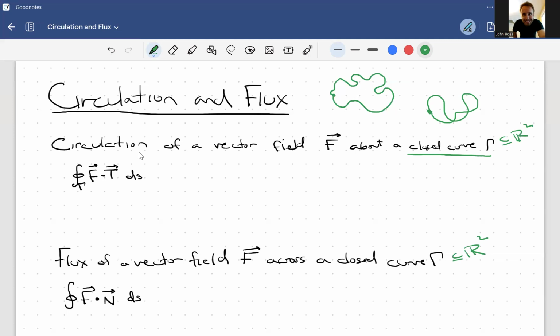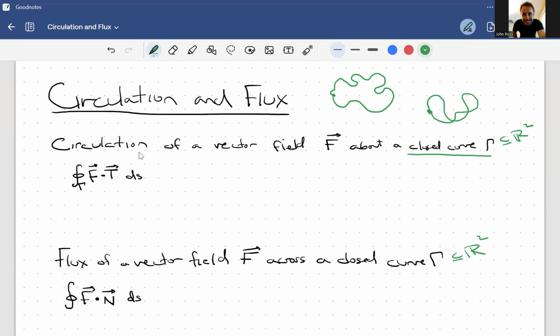All right, but if we have a given vector field F, and if we have a given closed curve gamma, then the circulation of our vector field about gamma is going to be defined by one integral, and the flux of our vector field across gamma is going to be defined in terms of this other integral. And so let's take a look at these integrals and try to make sense of what they are saying.